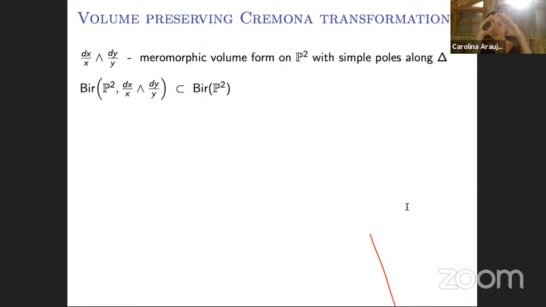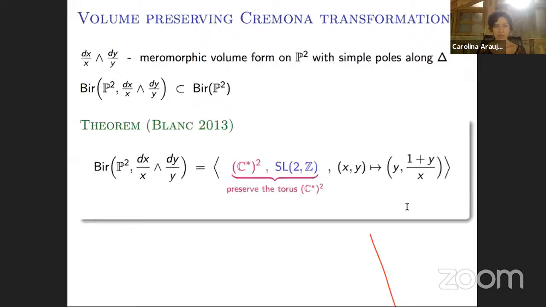The triangle for me is the three coordinate axes of P2. One may ask, what is the subgroup of the Cremona group consisting of Cremona transformations that preserve this meromorphic volume form? This was studied by Blanc, and he gave some nice generators for this group.